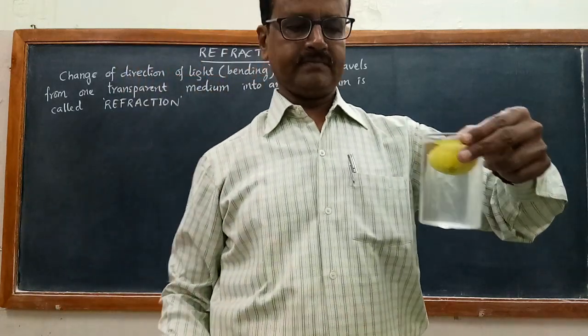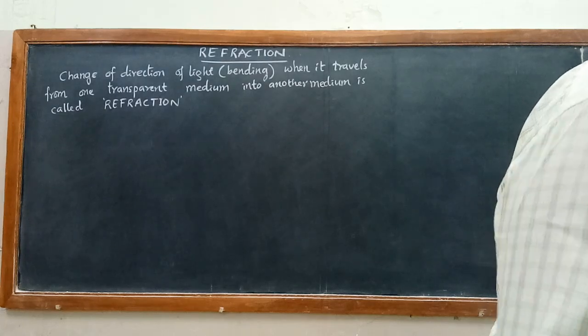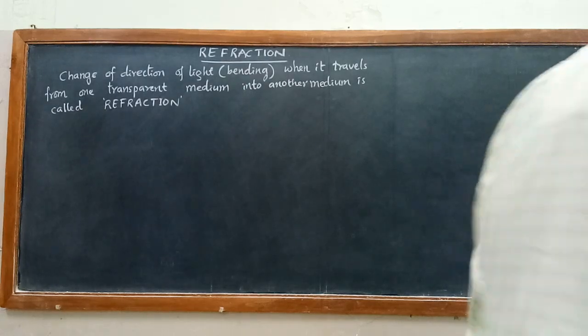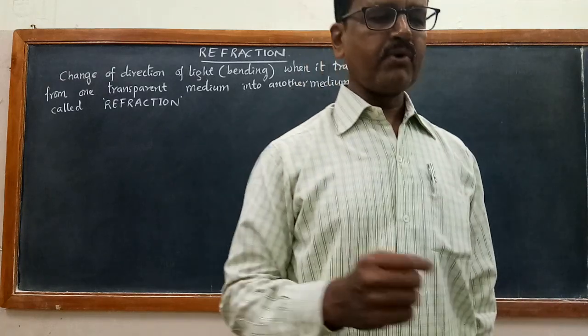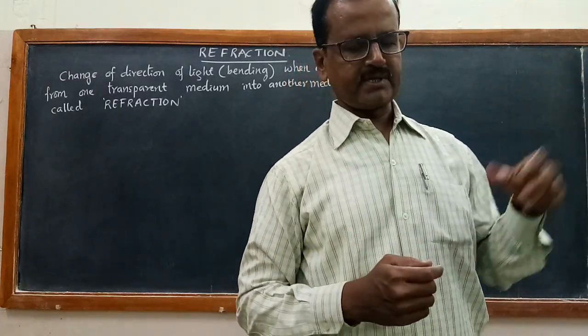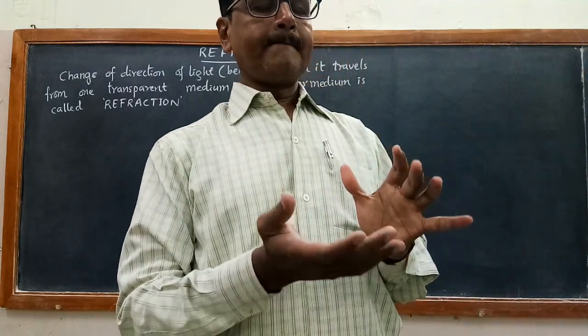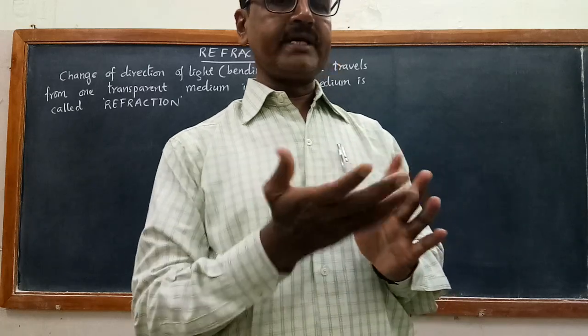Why does it happen? Similarly, when you keep a coin inside a glass, pour water and observe it from the side, the coin appears to be displaced. The bottom of the glass appears to be raised.